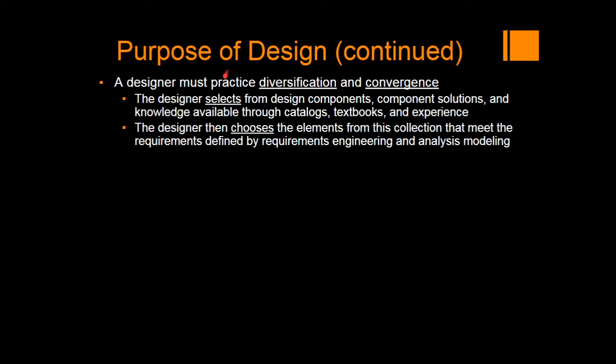A designer must have practiced diversification and convergence. That means the designer selects from design components, component solutions and knowledge available through catalogs, textbooks and experience. That means the designer, that is the developer, should have a thorough knowledge and experience about the design.